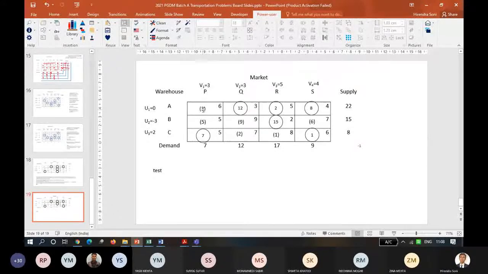Clear? Yes, sir. अब आपको समझा कि प्रैक्टिकली इसका क्या मतलब हुआ?